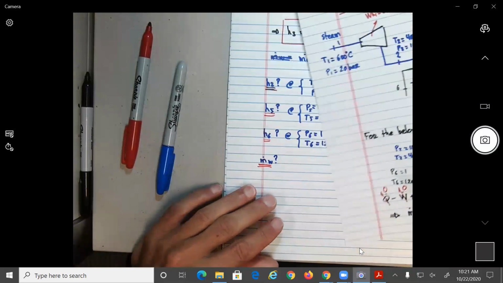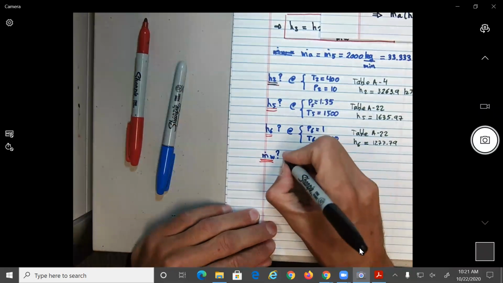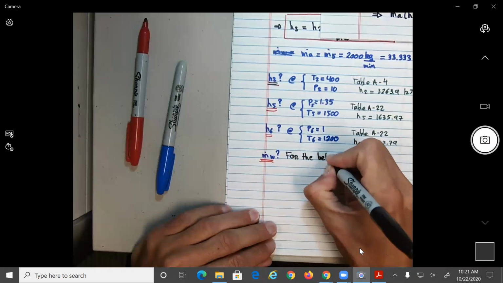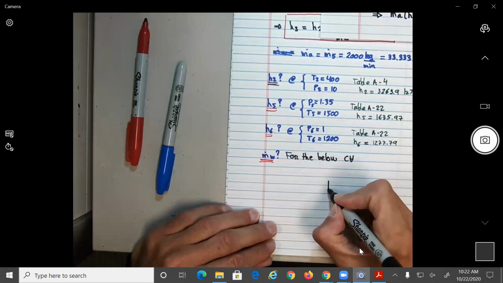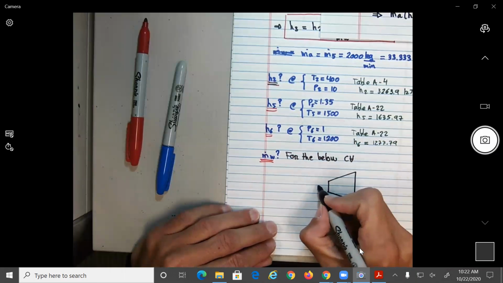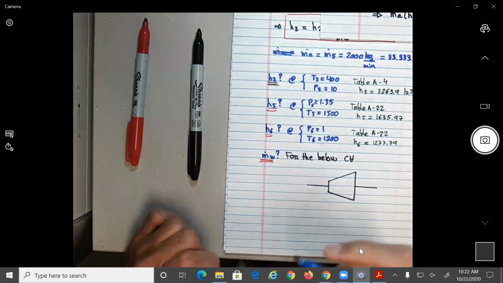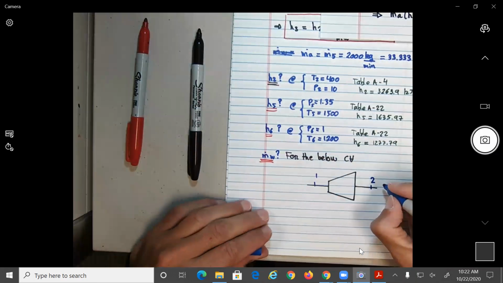Okay? So if we look at the turbine one, so let's say for the below control volume, and this time we'll have your first turbine here. So this will be 1. This is 2. What do we know?